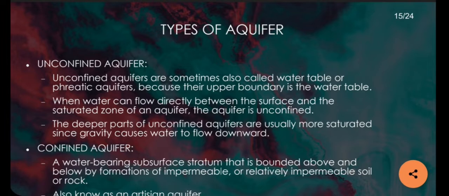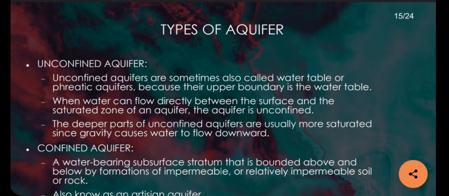So, unconfined aquifers are sometimes also called water table or phreatic aquifers because their upper body is the water table. When water can flow directly between the surface and the saturated zone of an aquifer, the aquifer is unconfined.